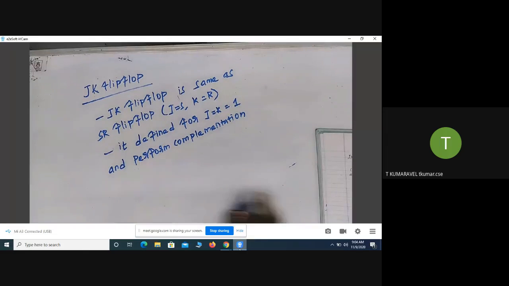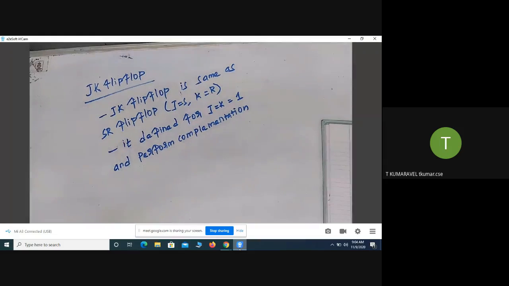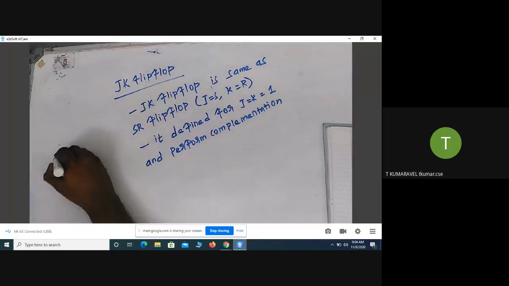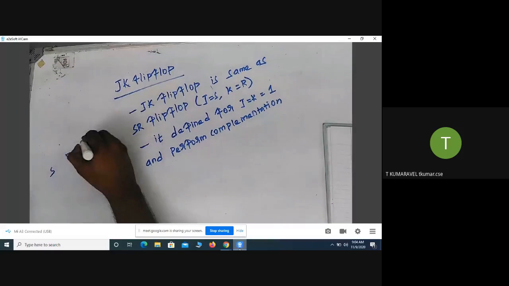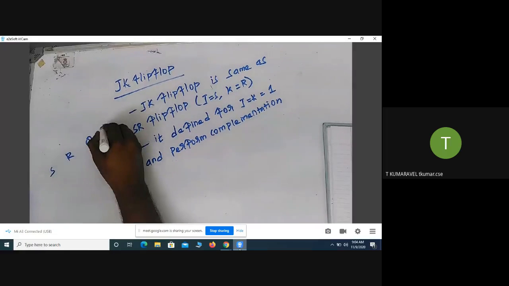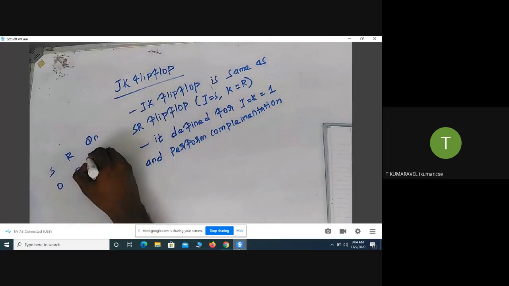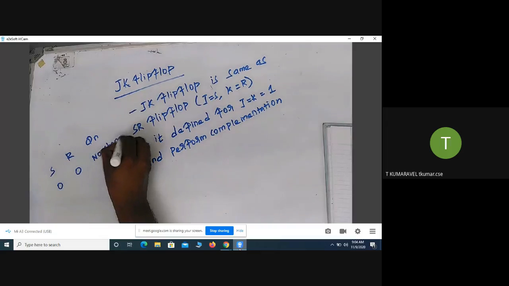So what is the truth table for the SR flip-flop? S and R, and what is the Q? If both inputs are 0 0, it will retain the previous state, which is represented as no change.